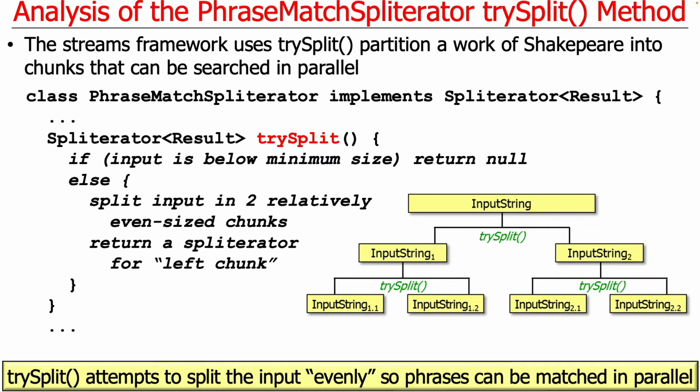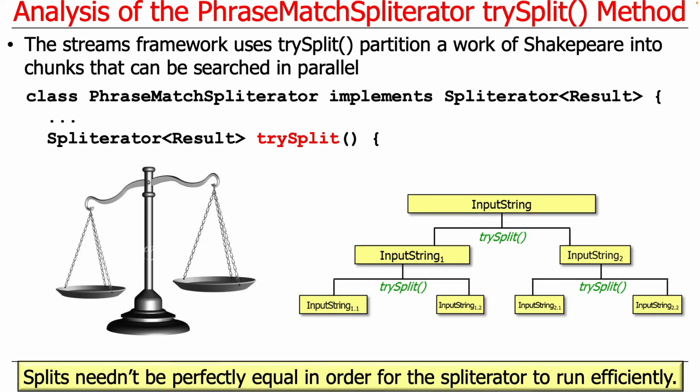Otherwise, it's going to split the input up into two relatively even-sized chunks. The operative word is relatively even-sized. And return a spliterator to the left chunk after updating the current object to account for the fact that we just got rid of its left side. As I mentioned before, you don't have to split entirely evenly in order for this thing to work efficiently.